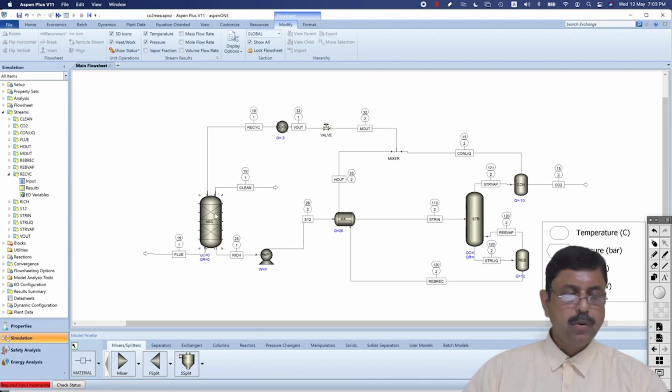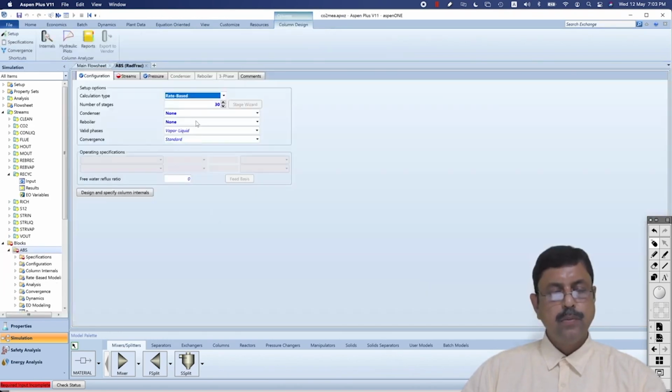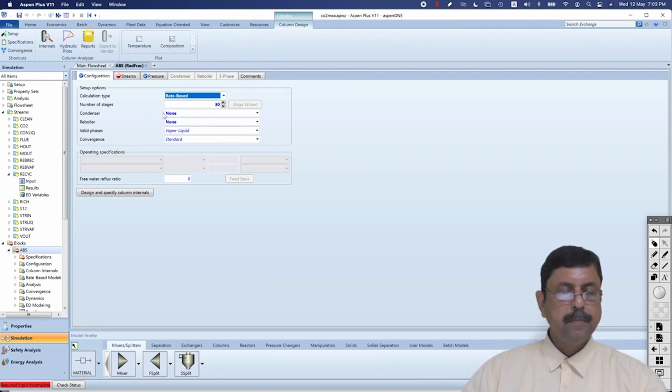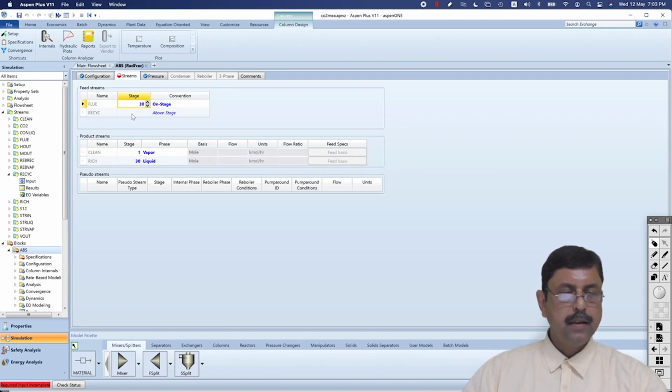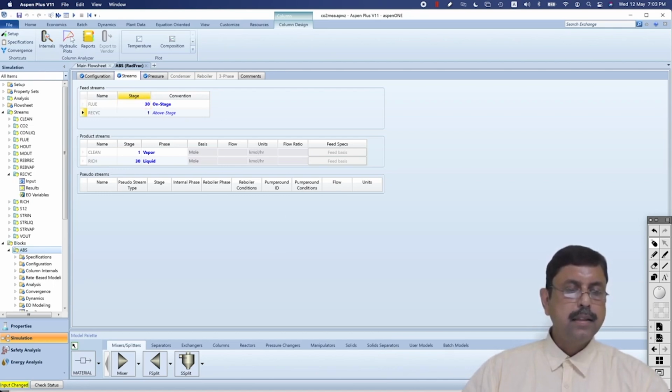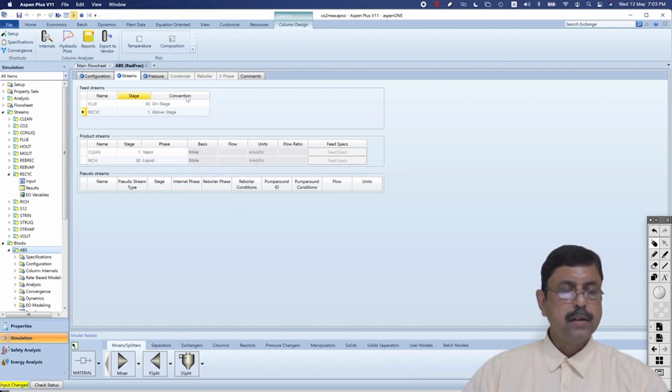We'll just open the absorber and we will tell that we are feeding the recycle stream at stage number 1. Okay? And then we can run it. Let us see whether this thing works.